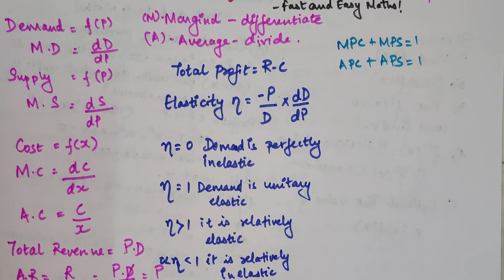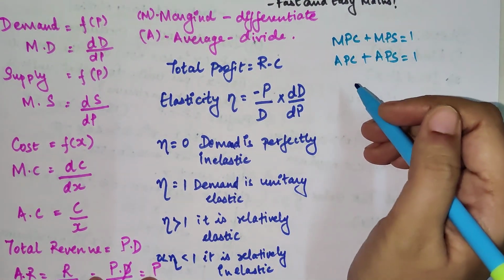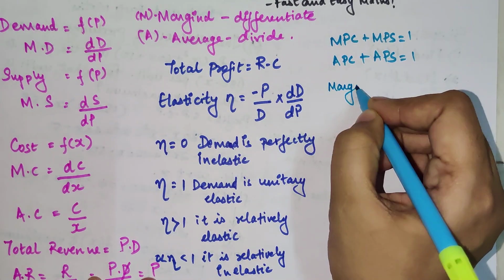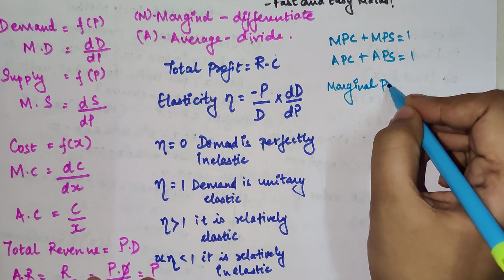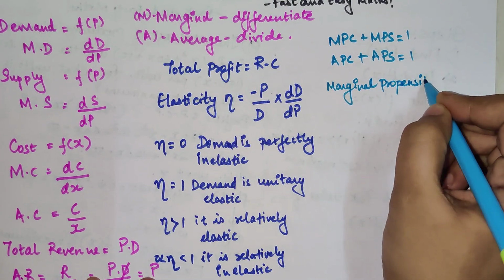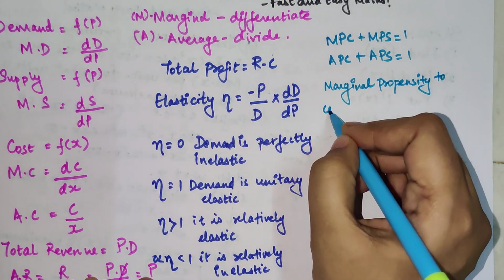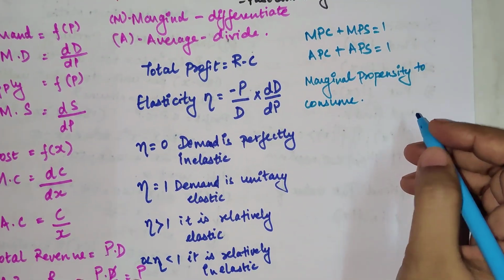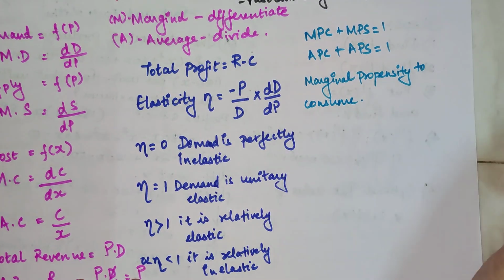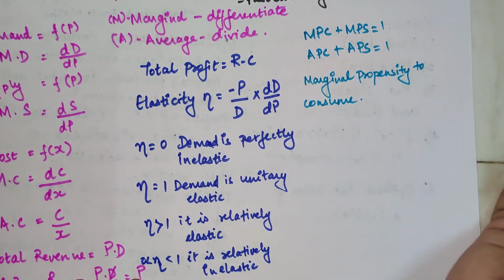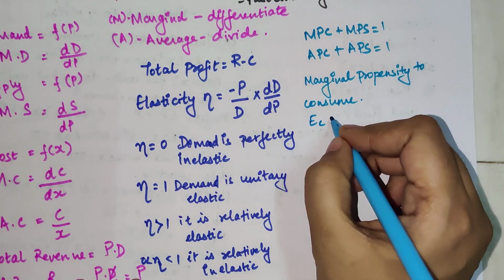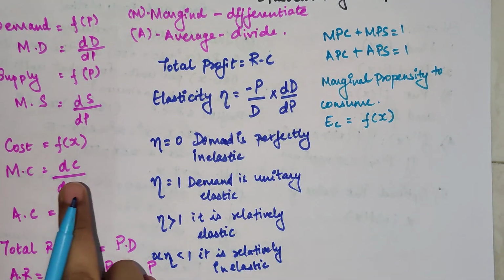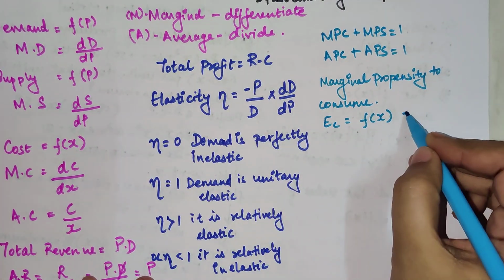And what is MPC? MPC is nothing but marginal propensity to consume. So here it is actually given, let's say E of C, and E of C is actually a function of X. Now you understand this X and this X is different, because your X is nothing but income.